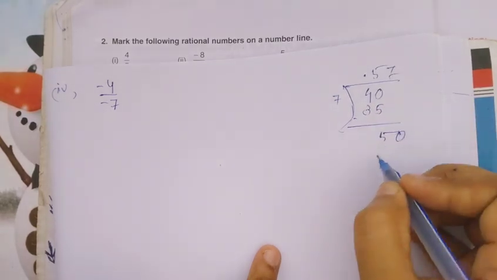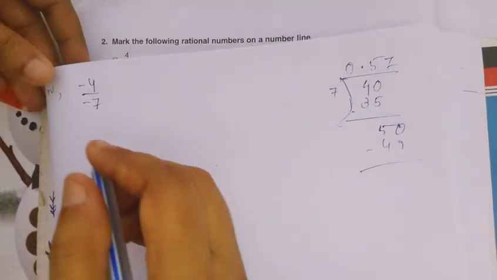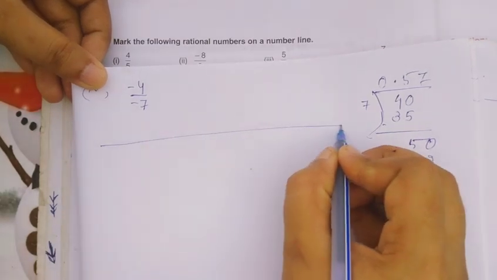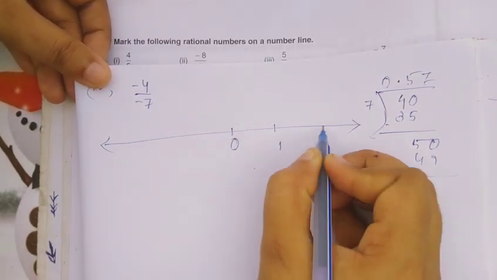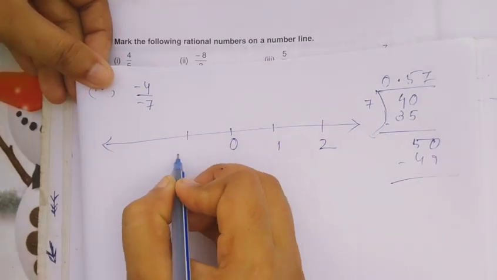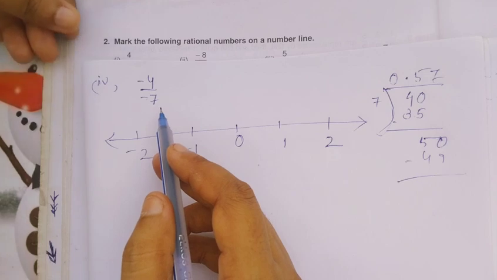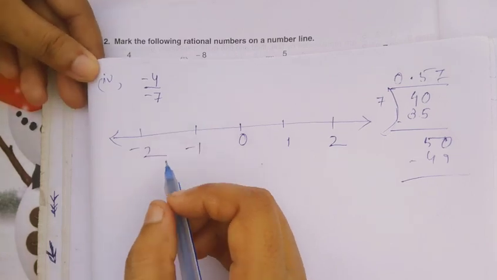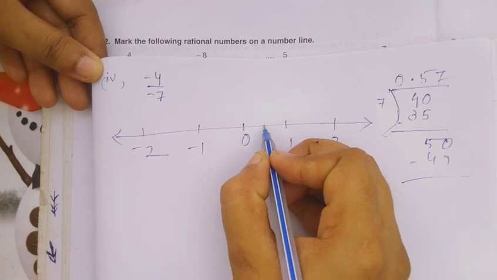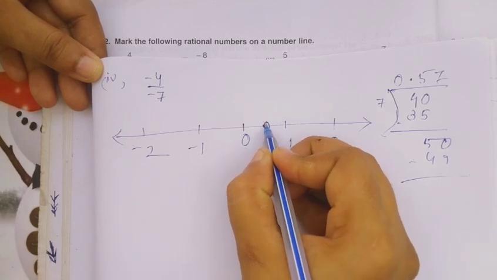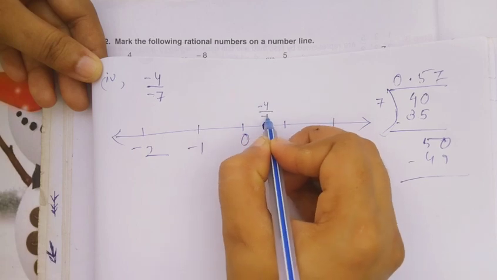Then 7 times 7 is 49. So 0.57. First we draw a number line. Here the origin point is 0, 1, 2. Then minus 1, minus 2. Here minus minus is plus, so it is a positive number. We write it on the right hand side at 0.57. Then here we write minus 4 by minus 7.